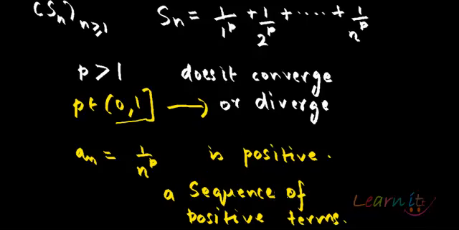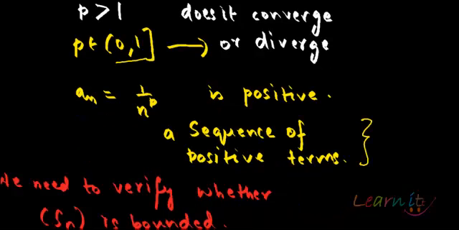Now, An, the sequence from which this series has been made, equals 1 upon n to the power P. It's a sequence of positive terms.